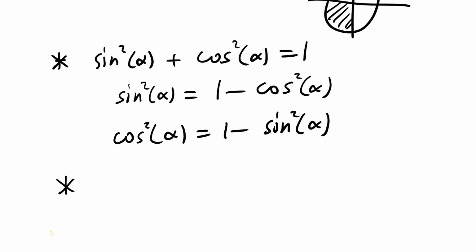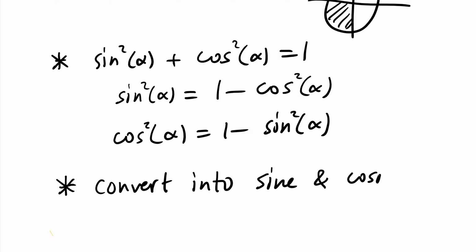Another thing good to know, when you are simplifying expressions or proving identities, try to convert everything into sine and cosine. It makes things much easier to work with.